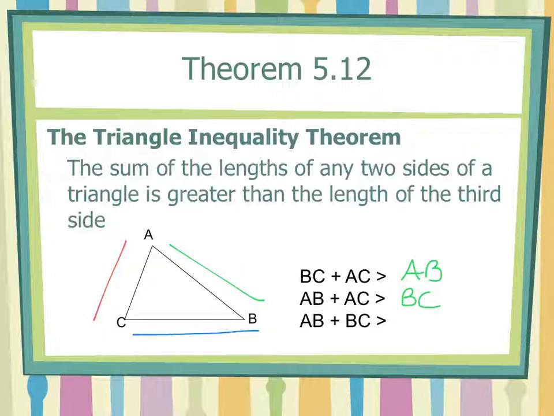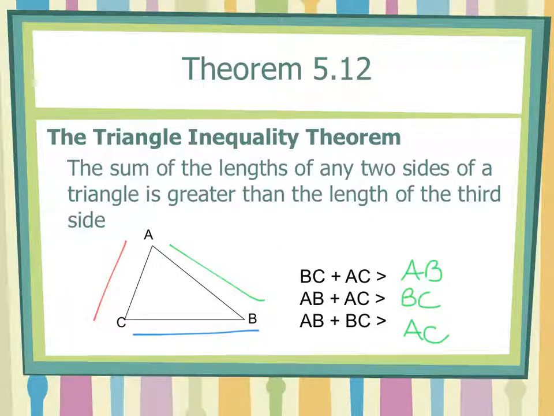Then for the last one, if you were to add AB plus BC, it would need to be greater than AC. Use this theorem to check to see if three numbers could form a triangle. We're going to look at an example of it.